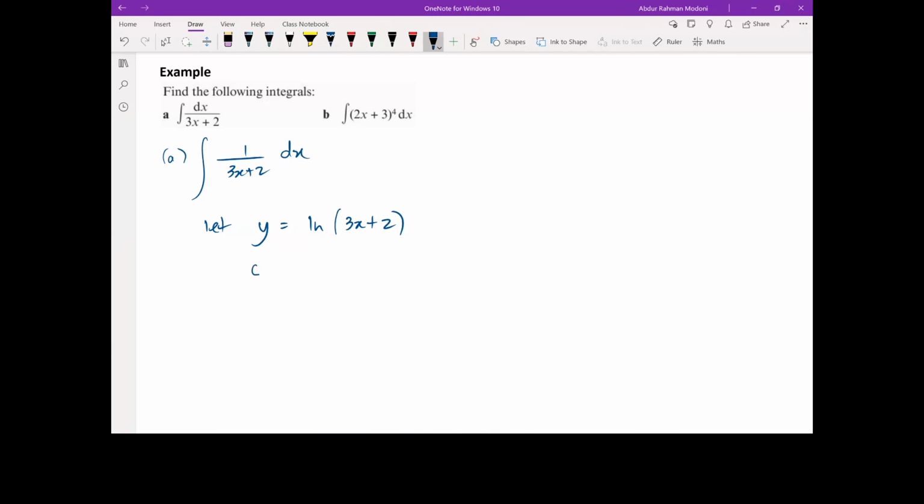So how do we differentiate this? Well, dy by dx, using the chain rule, becomes 1 over 3x plus 2, times by the differentiation of that inner function, which is 3, so times by 3.